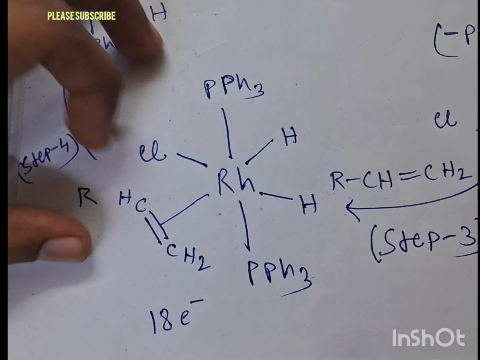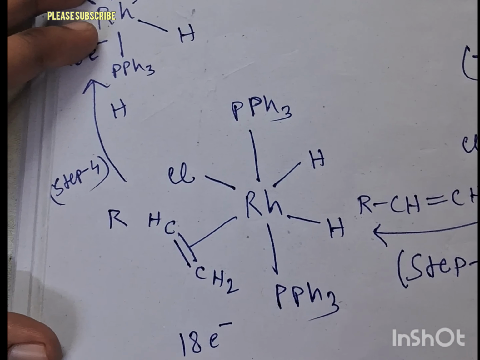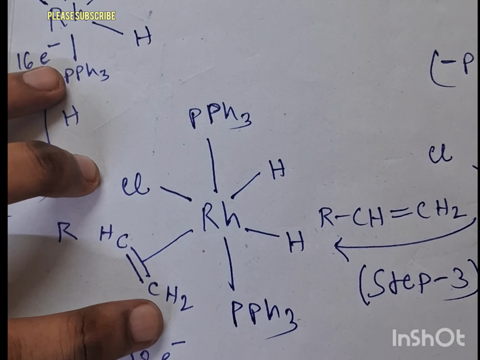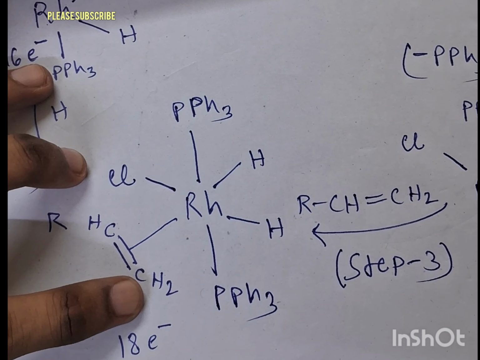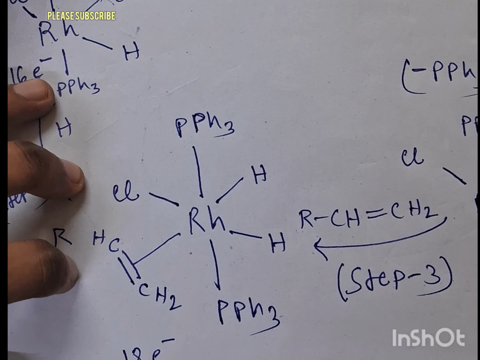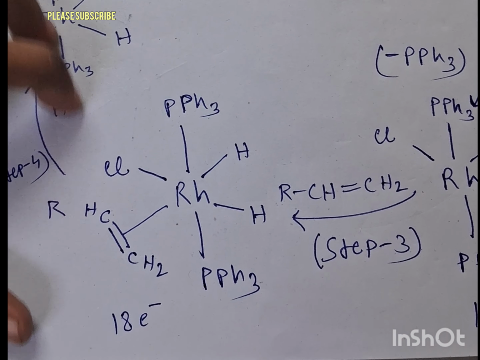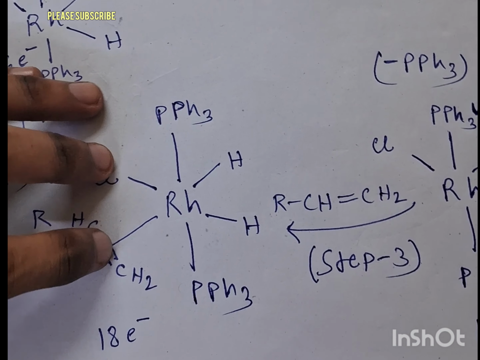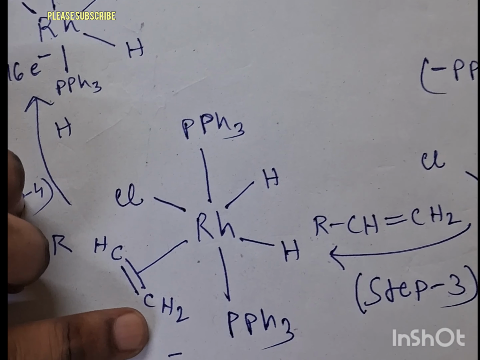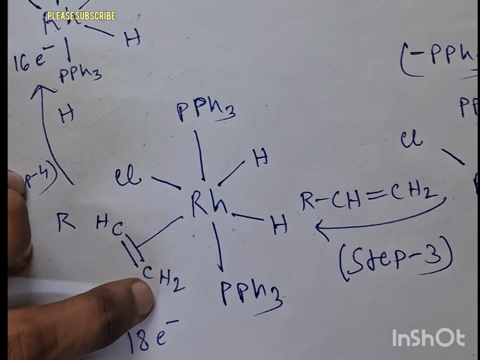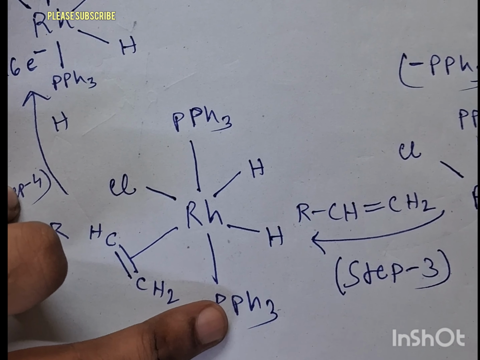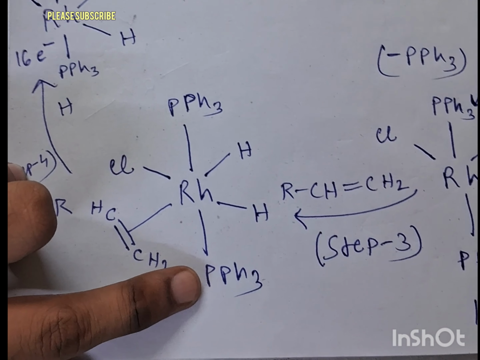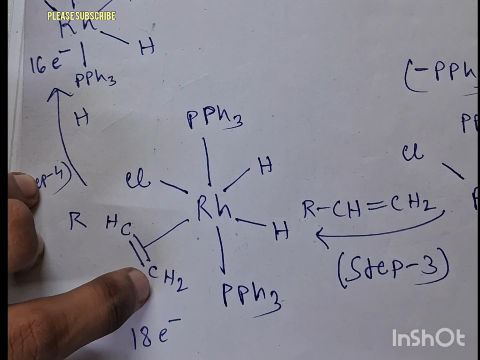Here you can notice that between these two carbons, one is less sterically crowded but the other is more sterically crowded. So generally the addition of hydrogen should take place at this side, right, because it is less sterically hindered. But here a more bulky triphenyl phosphine is already present, so this addition could not be favorable at all.